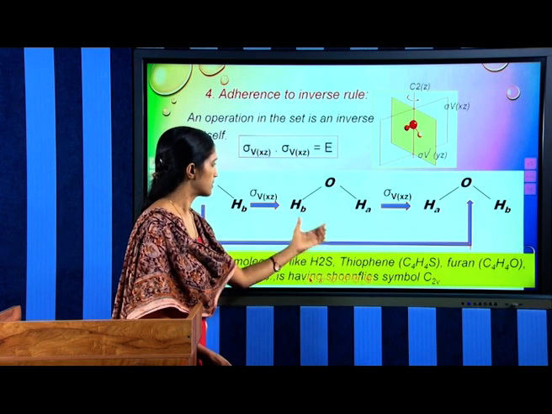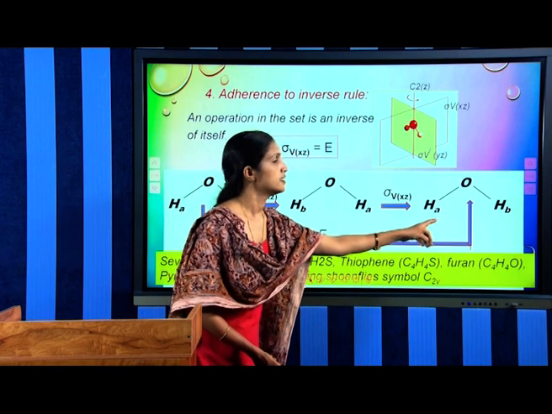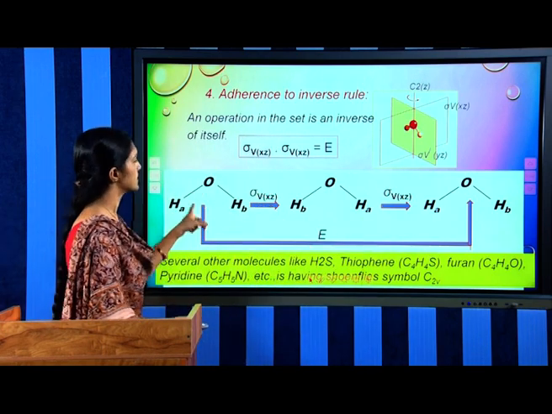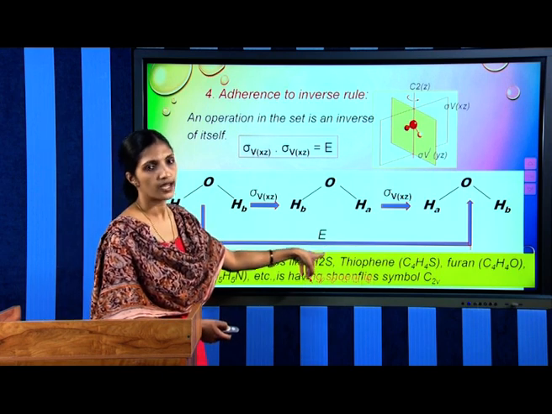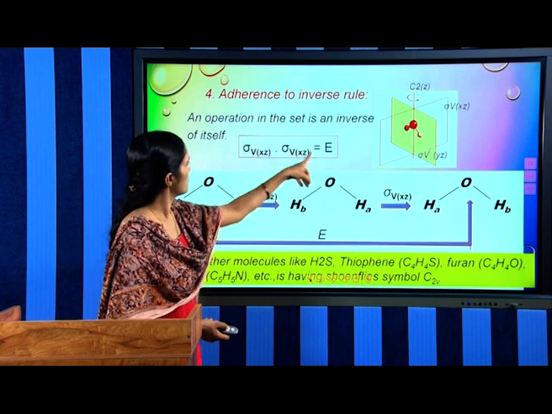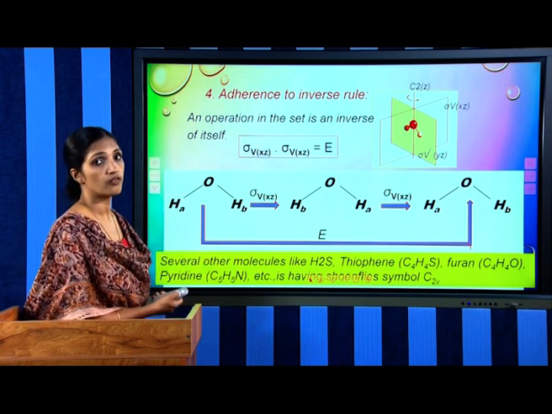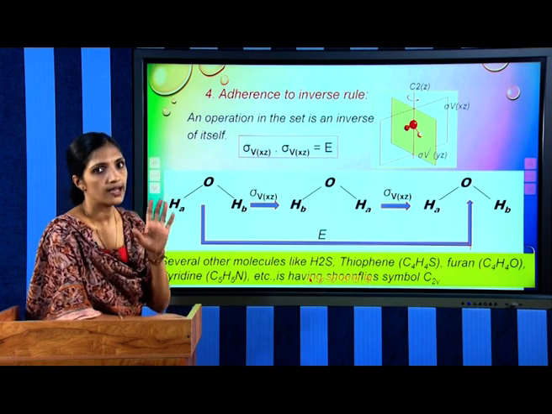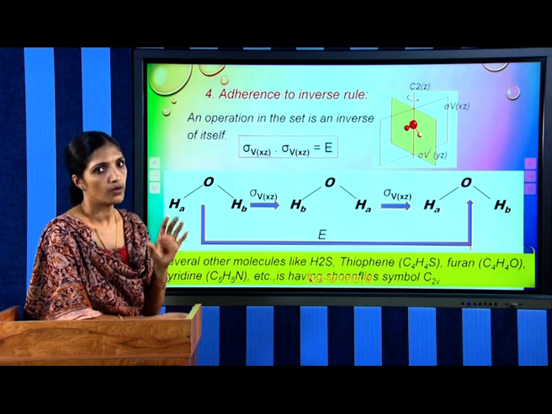Here the plane comes and HB goes to its real position, and the result will be like this. Okay. So, that is exactly the result of the operation identity, right. So, this rule also is satisfied by the four elements of a water molecule. So, the four elements of the water molecule do belong to a point group.